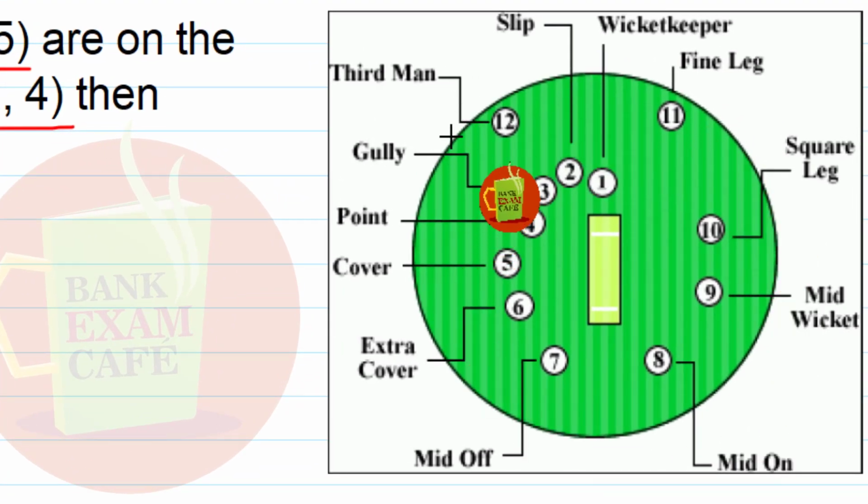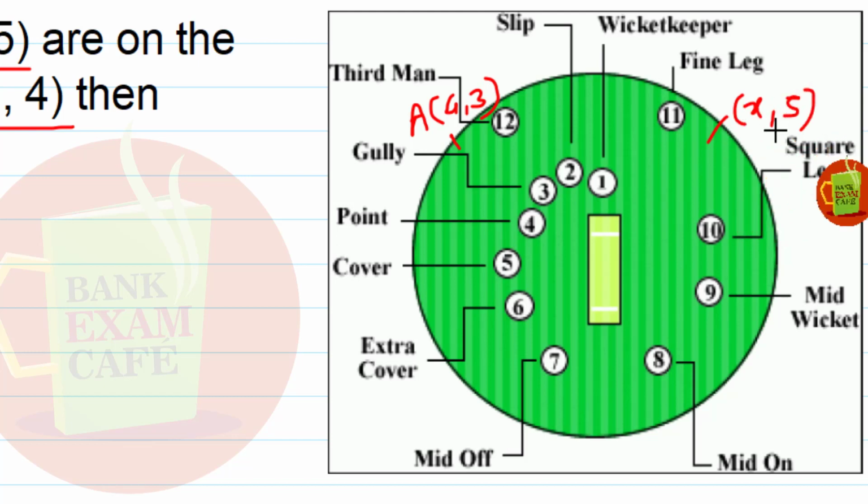Let one point be A, so A is (4, 3), and there is another point B whose coordinates are (x, 5), and the center is given whose coordinates are (2, 4), and we have to find the value of x, that is this x coordinate.